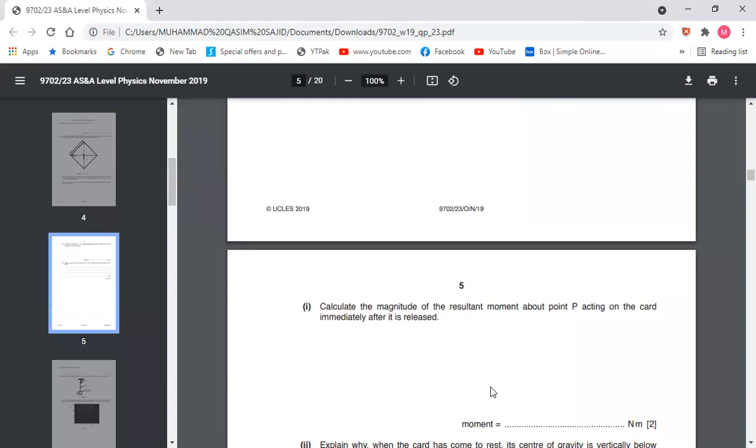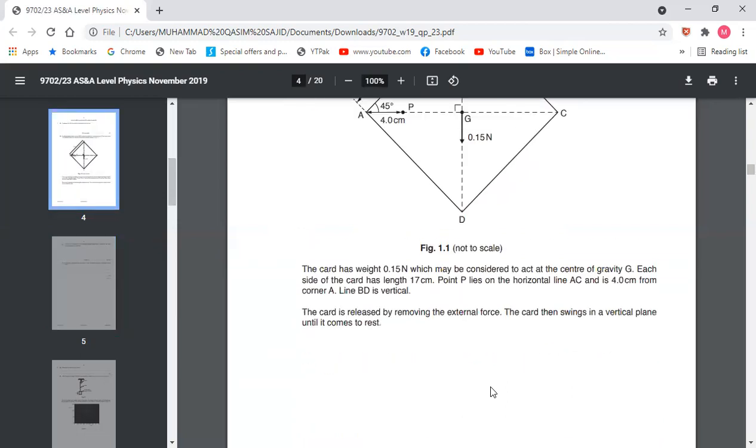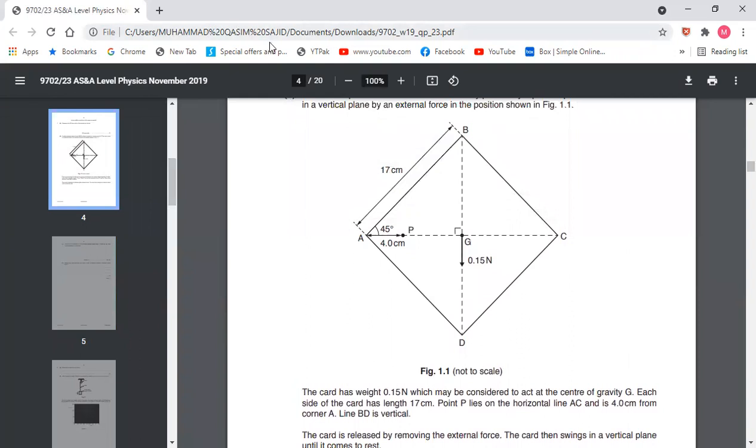So how to find the moment? Moment basically is equal to force into the displacement, but in this case there is an angle. The angle is 45 degree, so cos will come with it. So it depends on two things. First is the distance, that is 4, this is pin point 4 centimeter.